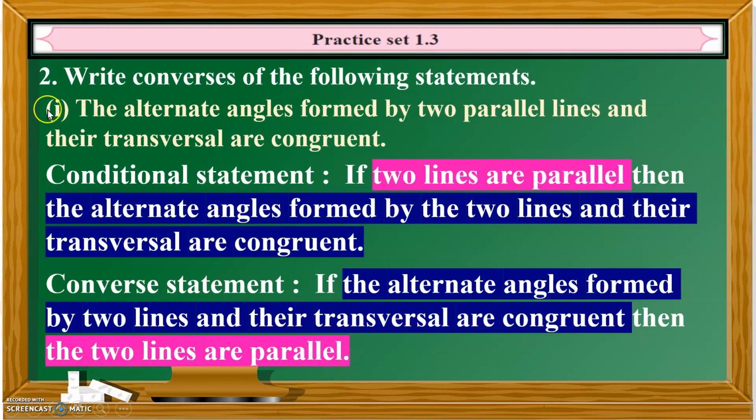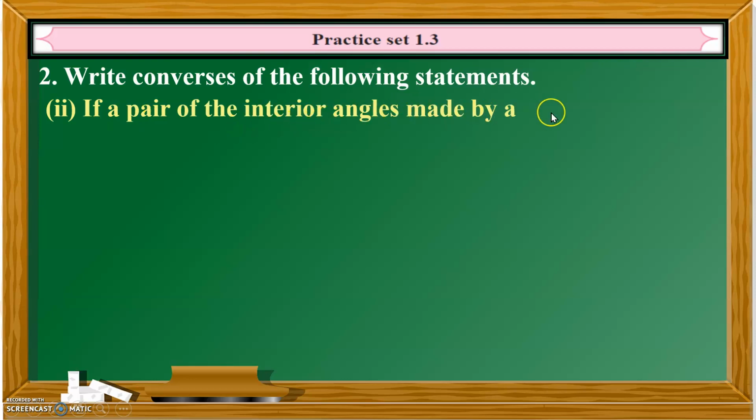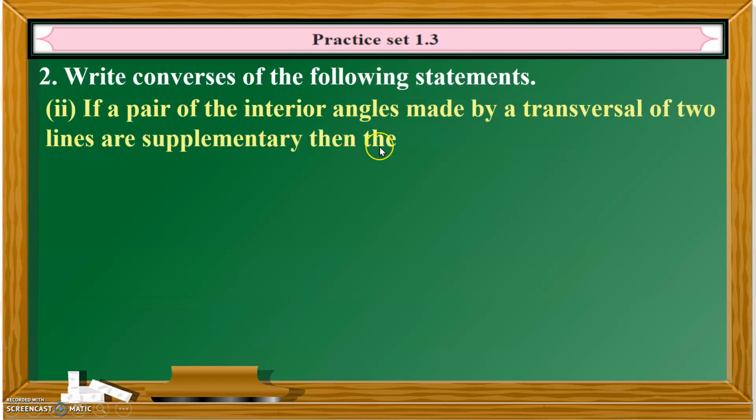See students, in this question the conditional statement was not given, so that is why I had to write it, and then we write the converse. Okay, now let's take up the second question here. In the second question, if a pair of the interior angles made by a transversal of two lines are supplementary, then the lines are parallel.